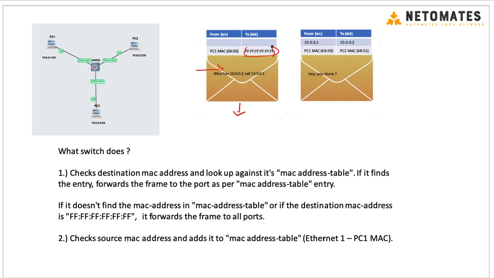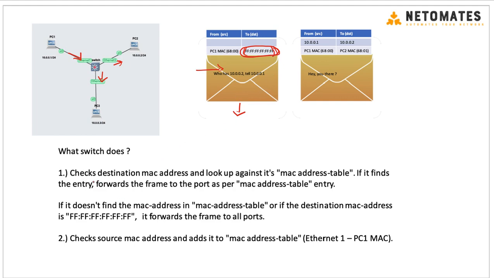In this case, it is a broadcast MAC address. So the switch will send it to all the ports except the one where it was received from. In this case it was received from this side, so it will send it to here, and if you have multiple cables and multiple PCs, it will send it to all the ports, because this packet needs to be sent to all the ports in the same network, since this is an ARP request and it's a broadcast.